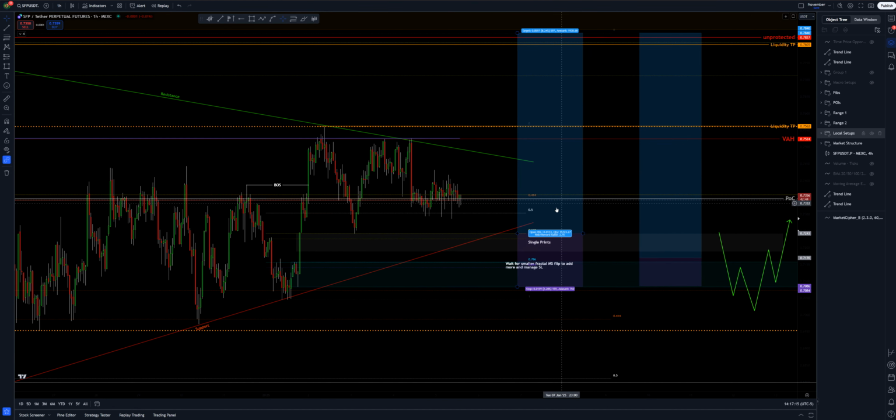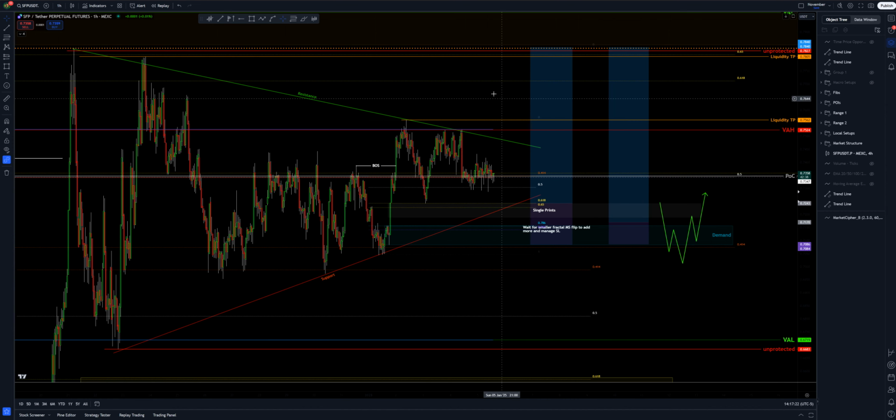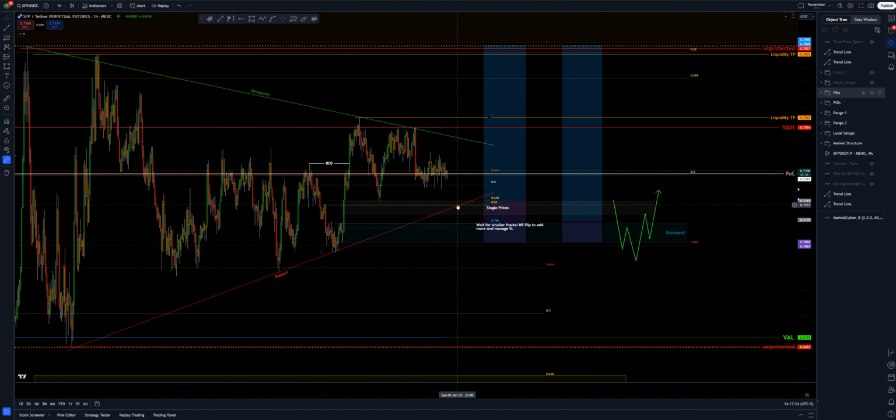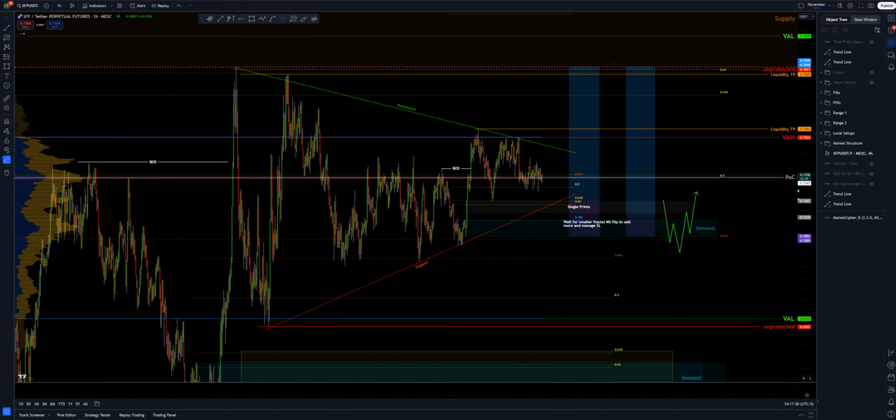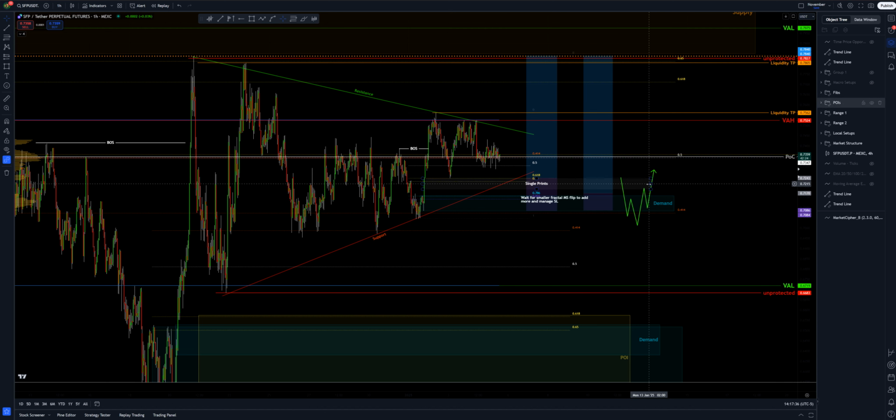This is going to be nice. I'm very confident in this. But we have reasons to take these trades. Lots of reasons. Oh, and we also have, it is marked, single prints as well. There's the other thing I was looking for. So I'm looking for these single prints to get filled as well.